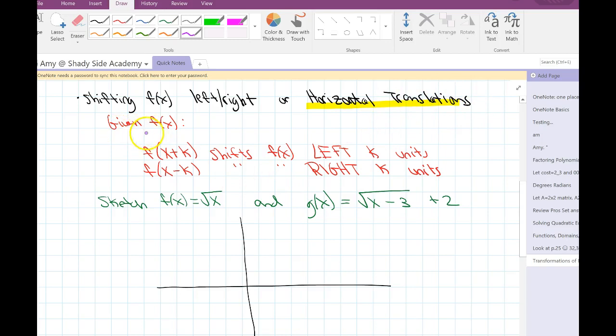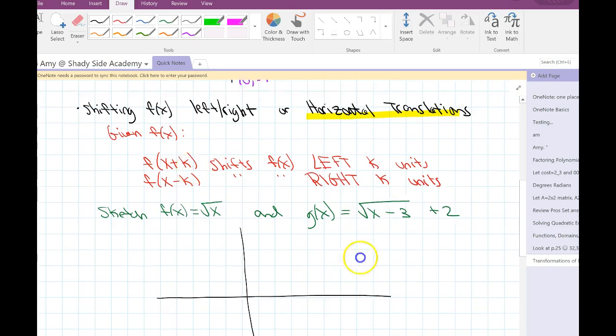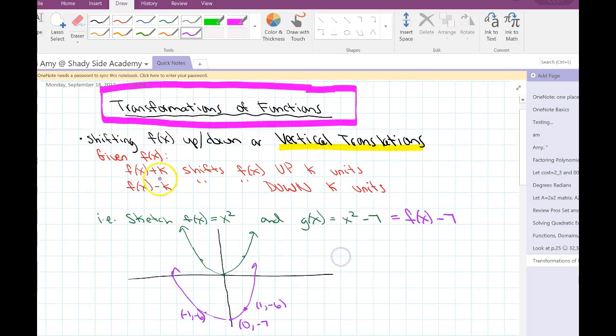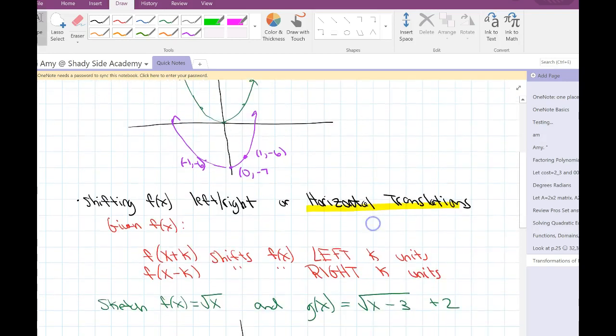And you saw last year that if you give it a function, f of x plus k. Now notice the difference here, that the plus k is actually within the input, okay, which was not the case up here, see how the plus k was not part of the input of f, okay?